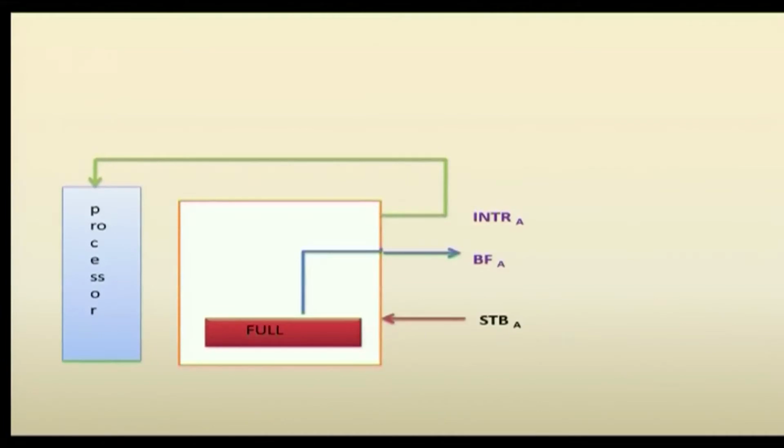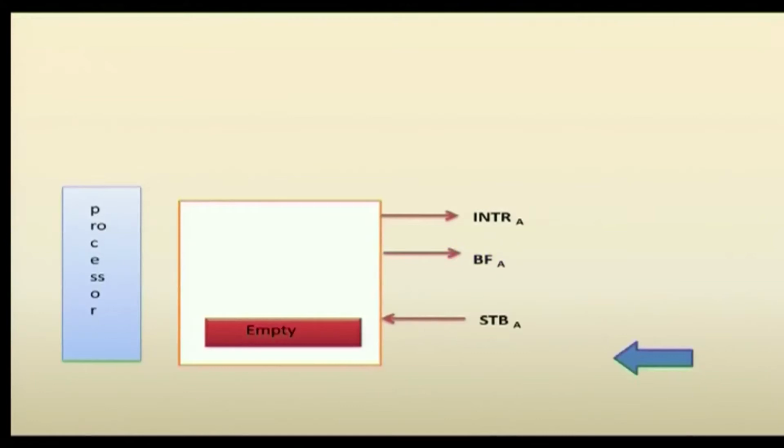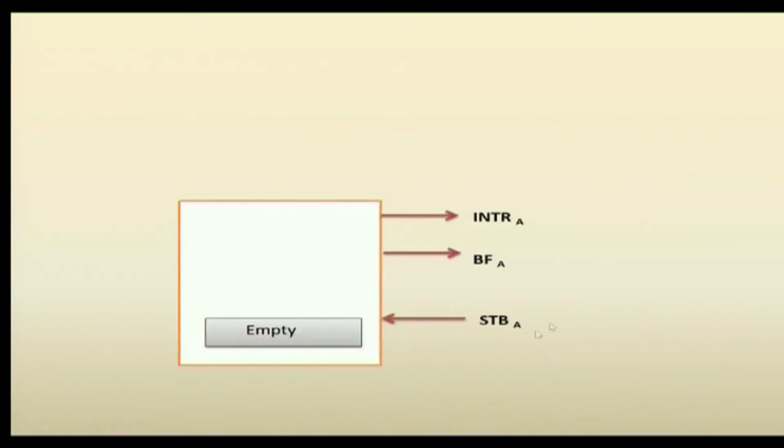The interrupt request is connected to the processor. Now, the processor reads the data from the buffer. So, after the read, it becomes empty again. So, initially it was empty. Once the peripheral input device sends the data, the buffer starts filling. It receives the data when activated by the stop signal. Once it fills, it will send the buffer full signal to the peripheral device.